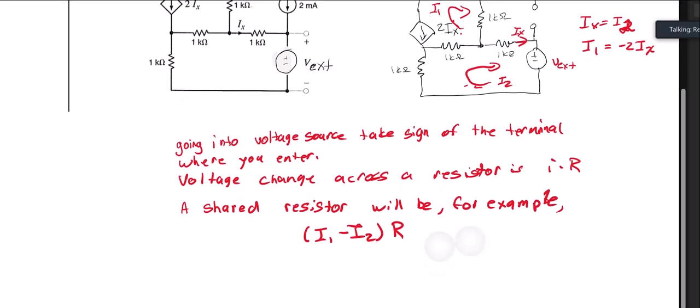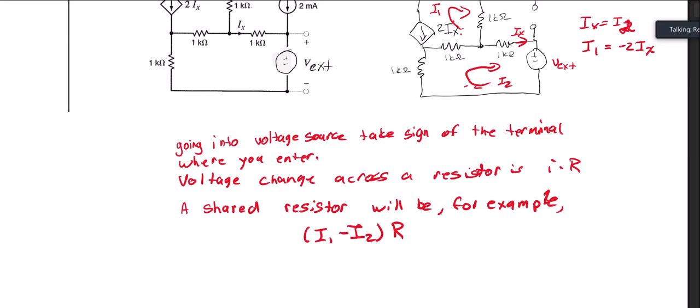So if I look at my top loop, I don't really have anything I can do on the top loop because my source there is a current source, and the current source just tells you what I is. So for the top loop, I just have that I1 equals minus 2IX. That's all I have for the top loop.